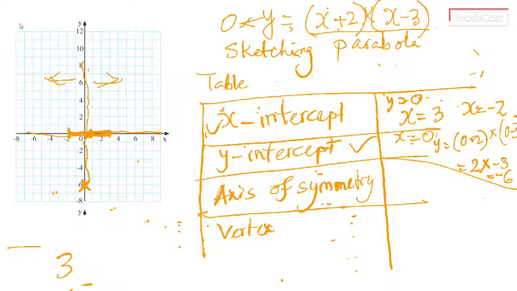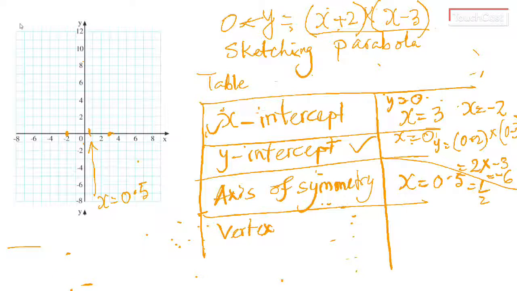If you are thinking about the distance from the origin, it'll be only 0.5. This distance will be 0.5 to the right. So we worked out the axis of symmetry is x equals 0.5. It's right over there in between those 2 points. These are the 2 x-intercepts. And we also figured out the y-intercept, which is negative 6, right over there.